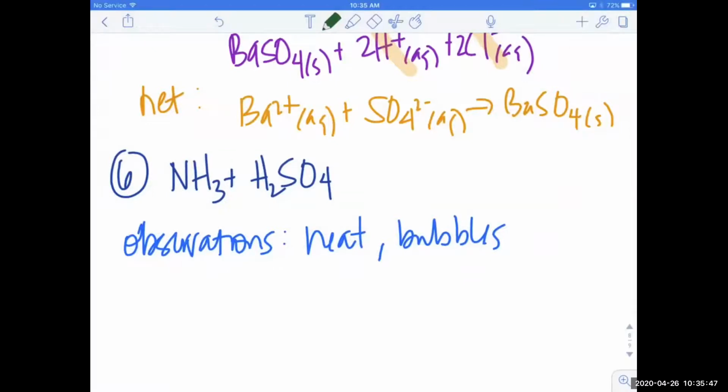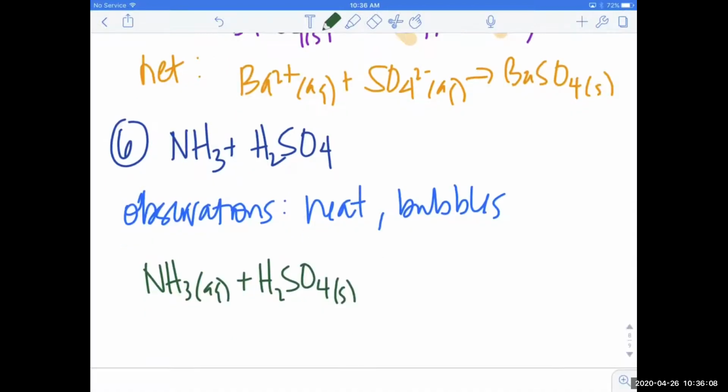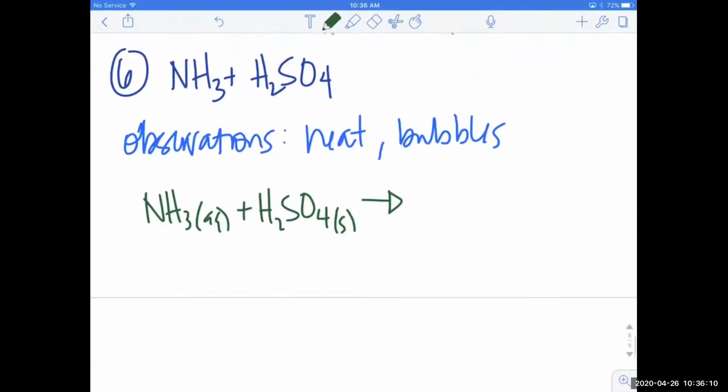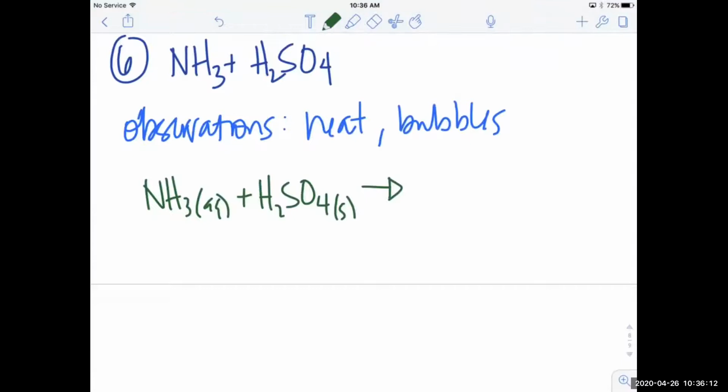So here, we can write that there's NH3, which is a gas, but technically in our lab, it would have been aqueous, so we'll go ahead and write aqueous here, plus H2SO4. All of our solutions would have been aqueous except for one of them, which I'll go over later. This would have been something different. So here, this is a weak base, and what that means is that it's going to grab a hydrogen.